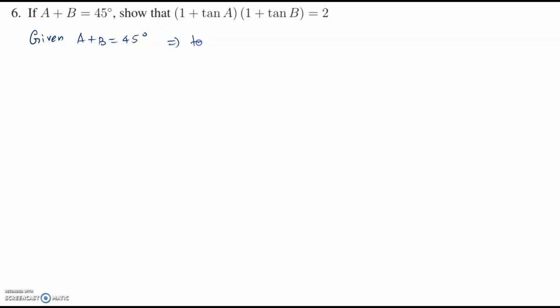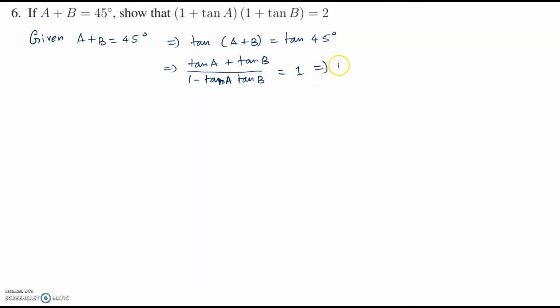So we can say tan A plus B is equal to tan 45 degrees, which would mean that tan A plus tan B divided by 1 minus tan A tan B is equal to tan 45 degrees is 1.